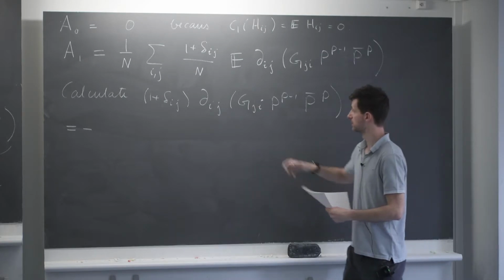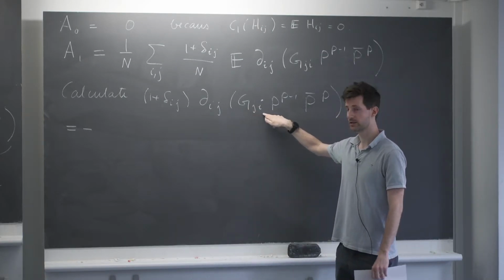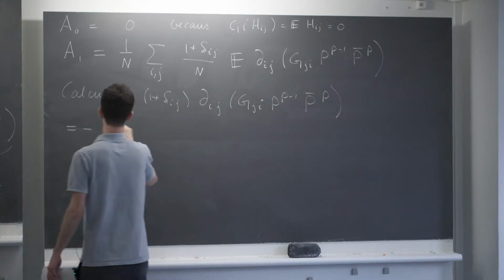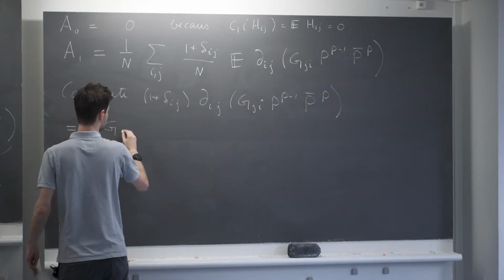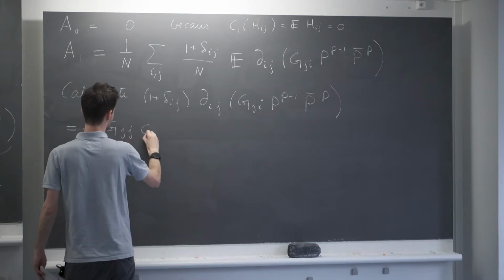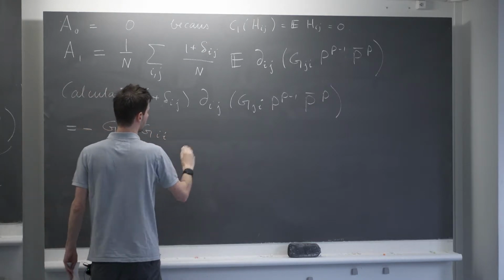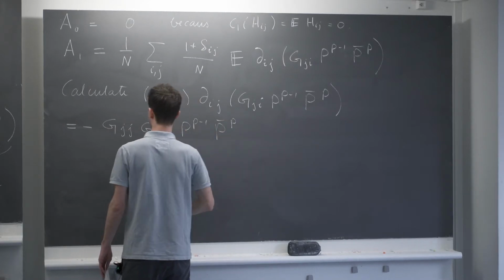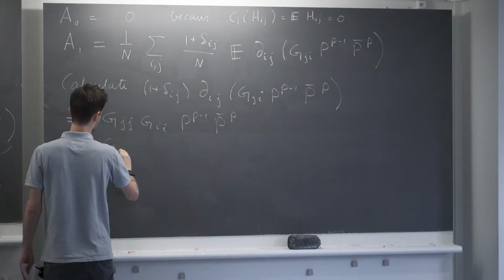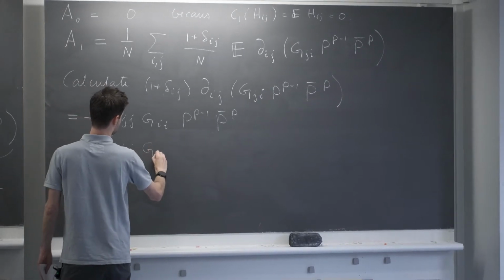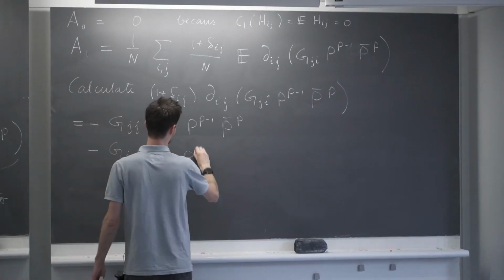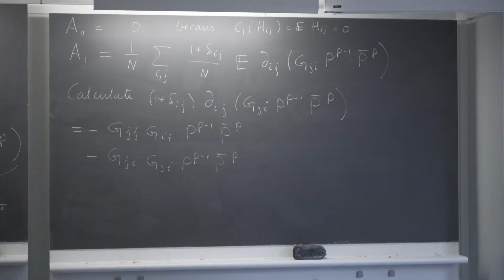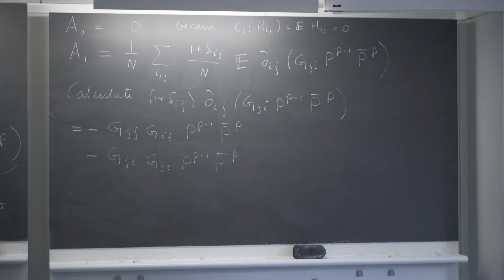One is g_jj g_ii, and the other one is g_ji g_ji. So let me write them up separately: g_jj g_ii, and then I have p to the p minus 1, p bar to the p. And the other one is g_ji g_ji. Okay, so these are the two terms.